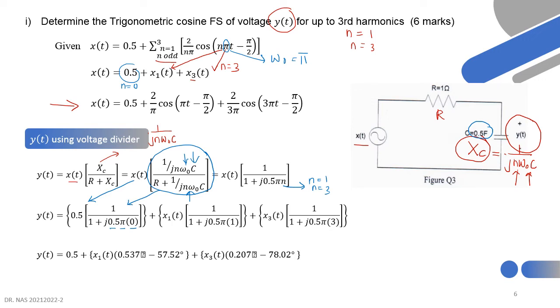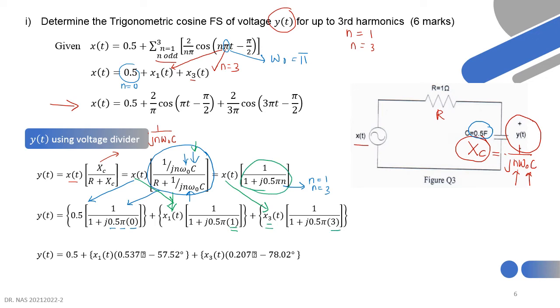Next, when n equals 1, x1 is multiplied with this equation when n equals 1. Move on to the next harmonic, when n equals 3: x3 multiplied with the component when n is now 3.